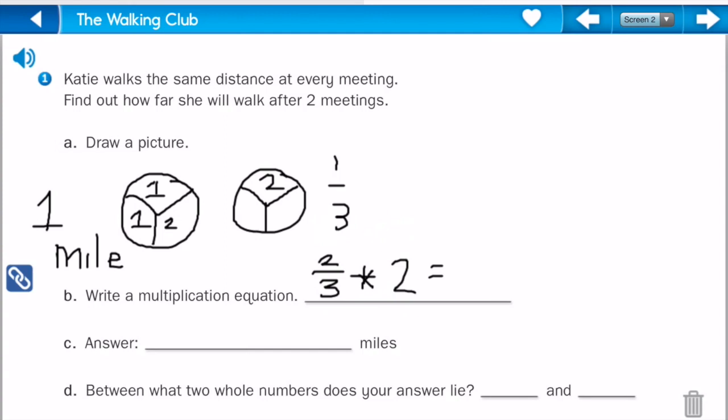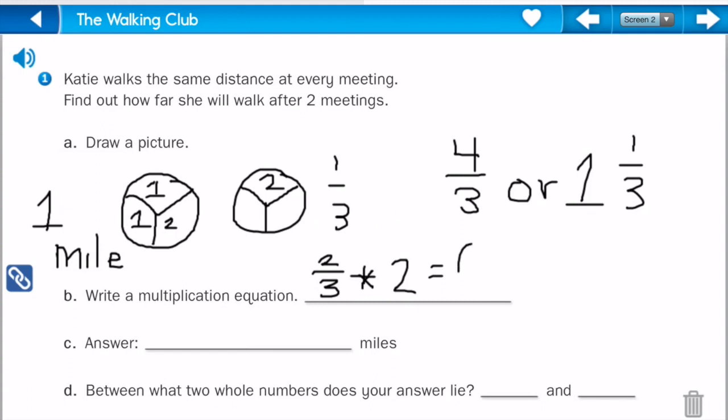So it would be 4/3 of a mile, or 1 mile over here, this whole, and then 1/3.